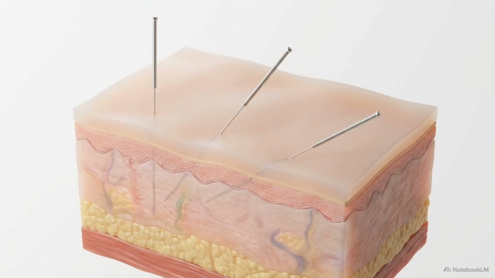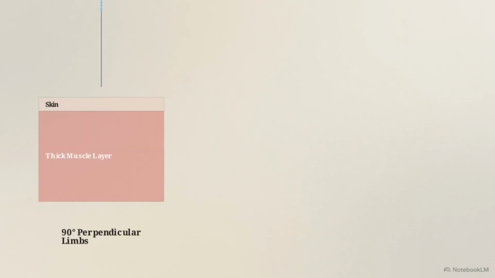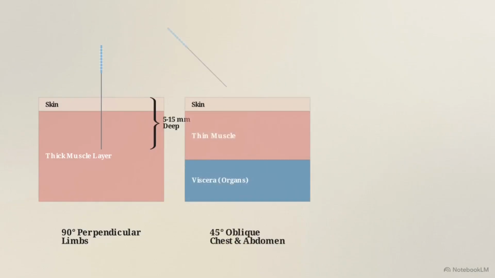Every acupuncture point requires a specific depth and angle. These geometries are determined by the underlying anatomy of the region to ensure the needle reaches the target without interfering with internal structures. Perpendicular insertion at 90 degrees for limbs reaches 5 to 15 millimeters deep. For the chest or abdomen, an oblique 45-degree angle protects underlying viscera.